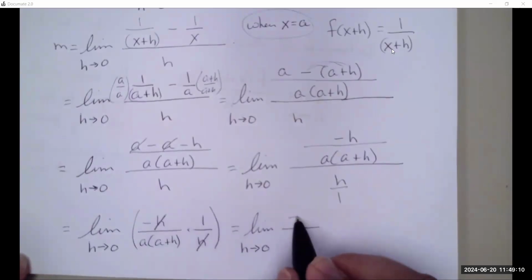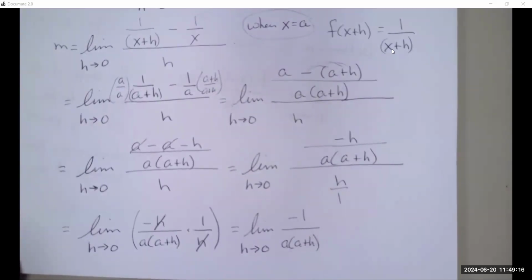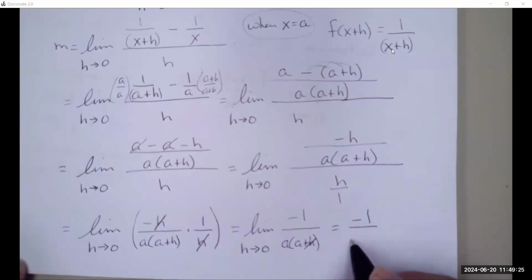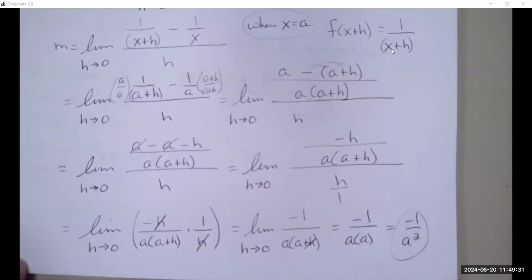So we have on top -1. On the bottom, we have a plus h. h goes to 0. So we have -1 over a times a, which equals -1 over a squared.